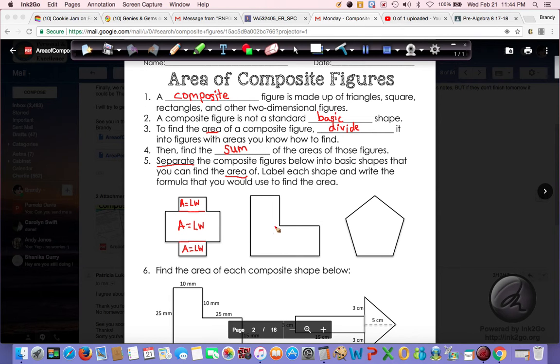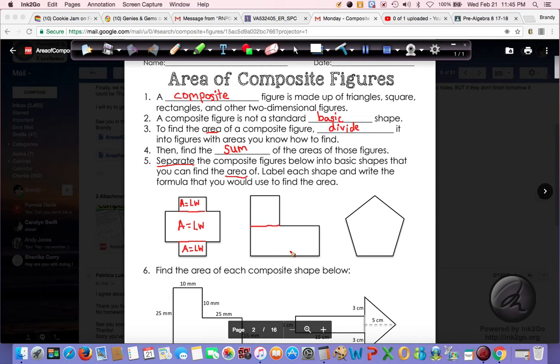So let's look at this one. You could go across here, break that down. You could break it down here. If you really wanted to get fancy, you could put a diagonal and make 2 trapezoids, but why do a trapezoid if you don't have to, right? So let's go ahead. I'm going to make my line right here.